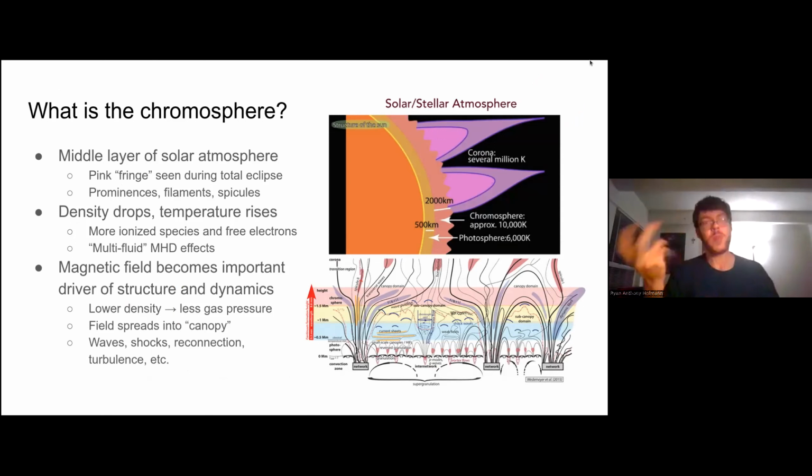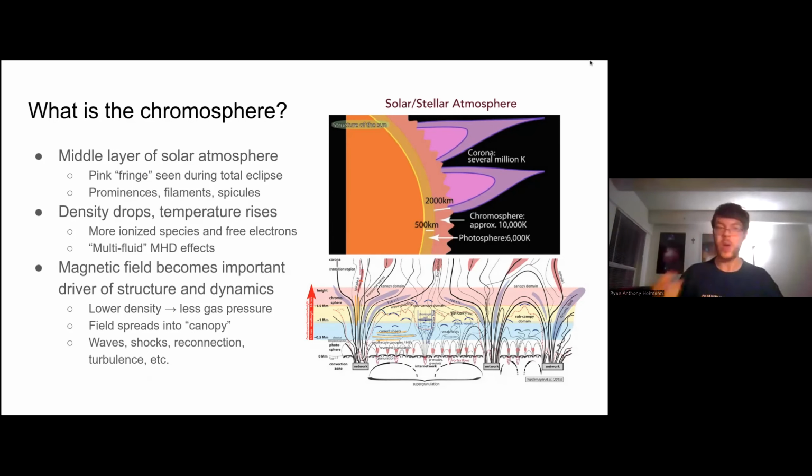The chromosphere is the middle layer of the sun's atmosphere. It's where a lot of interesting physics happens. The density drops, temperature rises, magnetic field becomes more important, drives the structure and dynamics.